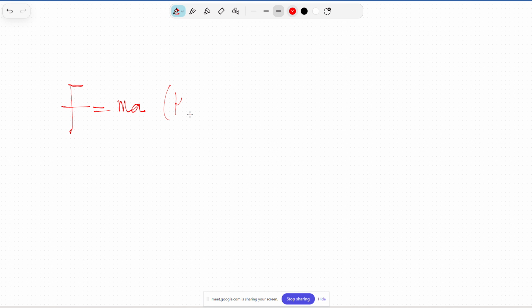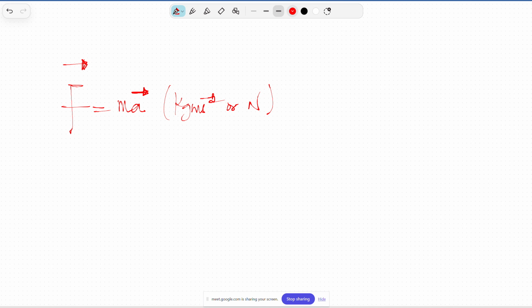The unit is kilogram meter per second squared, or newton. Please do not forget that force is also a vector quantity. You can write your vector notation however you like, it is not really important per se, and you can take your time while solving.